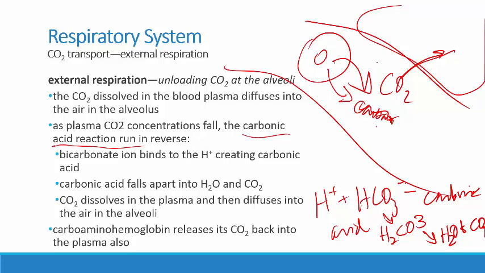So between these three processes, we just undo everything that we did out there in the peripheral tissues. CO2 comes out of solution, carbonic acid is formed, and then releases CO2 into the plasma, which also comes out of solution, and then carbaminohemoglobin lets go of CO2 and releases it out to the plasma, and then it diffuses into the alveolus.